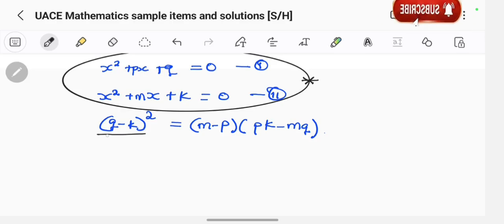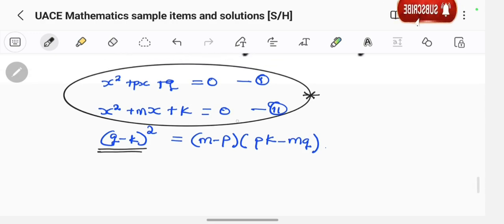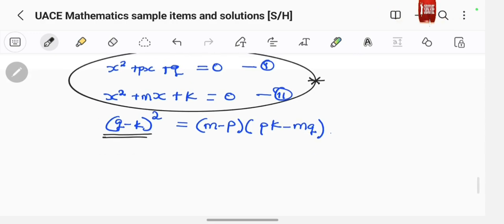How am I going to obtain q minus k? When you look at equation 1 and equation 2, I can say equation 1 minus equation 2, such that I get this q minus k.